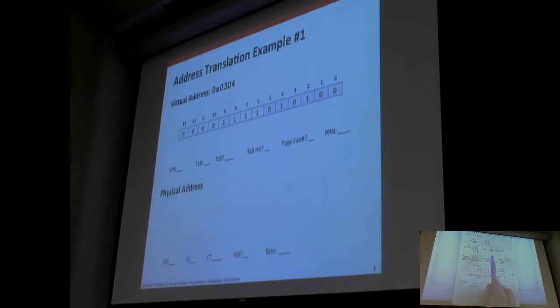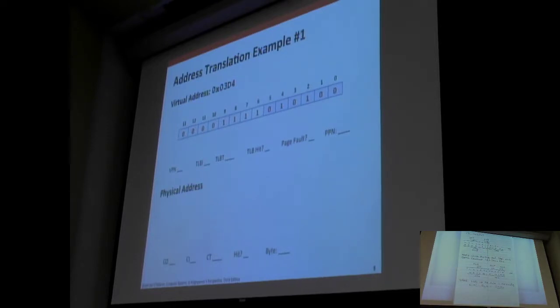The offset in this case is 0x24. The VPN is 0xF. And then we have the two TLBI bits, which are 1, 1, so 3. And then we have the tag bits, which are also equal to 3.